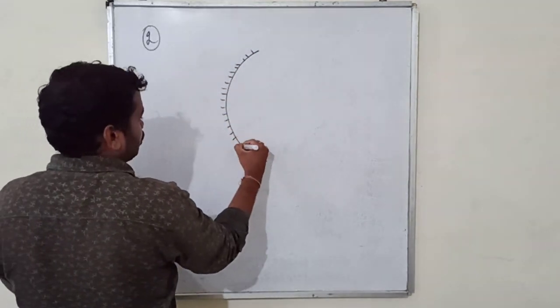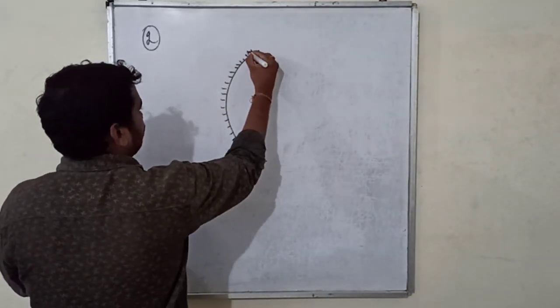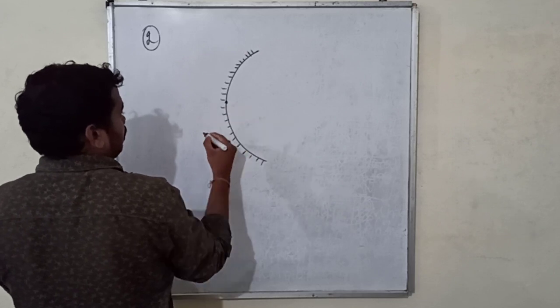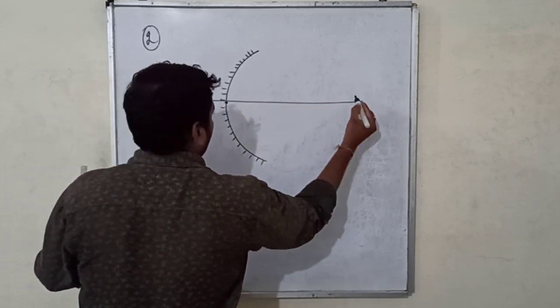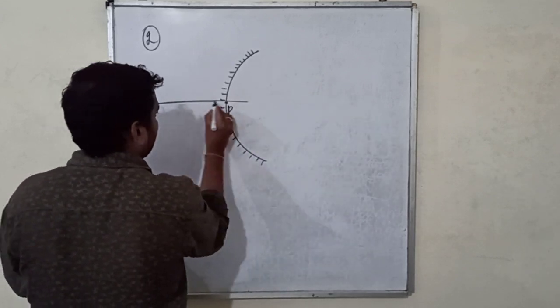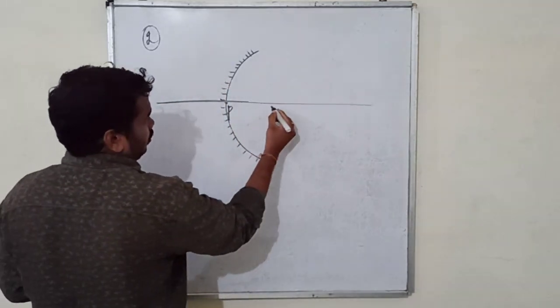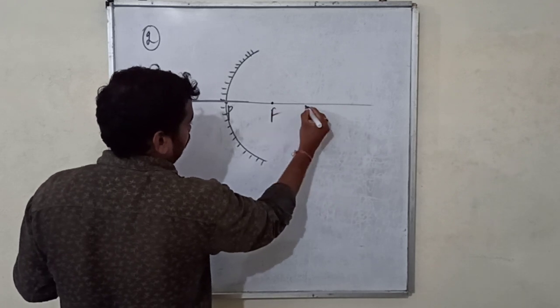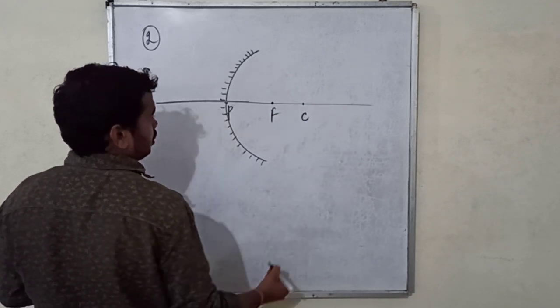Same way I am going to draw a concave mirror. This should become a pole. The line may not be straight. Pole, focus, center of curvature.